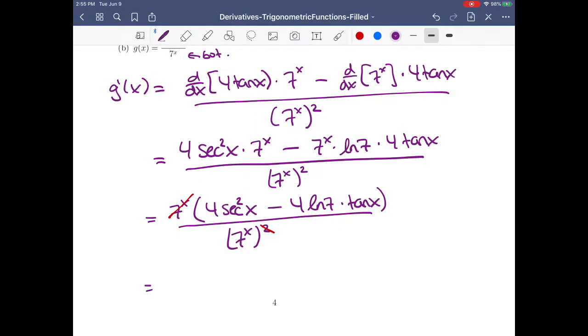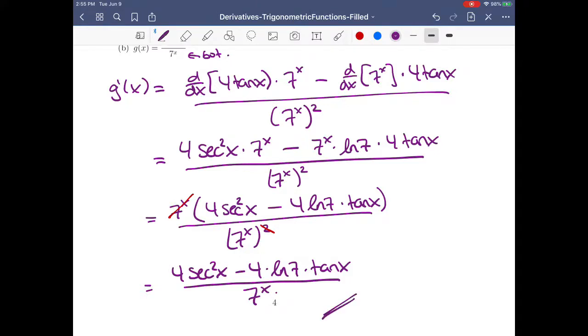And our final answer will be 4 secant squared x minus 4 ln 7 times tan x all over 7 to the power x. I mean, you could factor out the 4, you can go a bit further, you could turn everything to sines and cosines if you wanted, but this is a fine way to leave your answer.